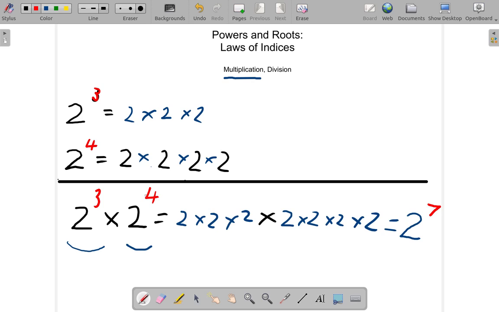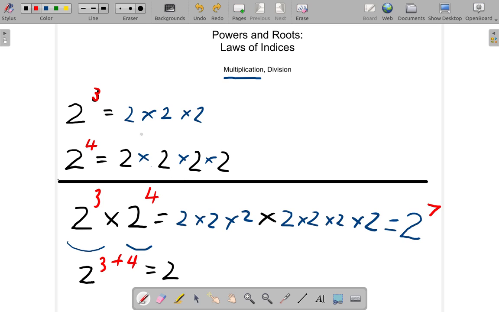Now let's look at this. 2 to the 3 times 2 to the 4. Suppose I write, instead of 2 to the 3 by 2 to the 4, I turn this into 2 to the power of 3 plus 4. You see that? Wouldn't it give me the same thing as 2 to the power of 7?